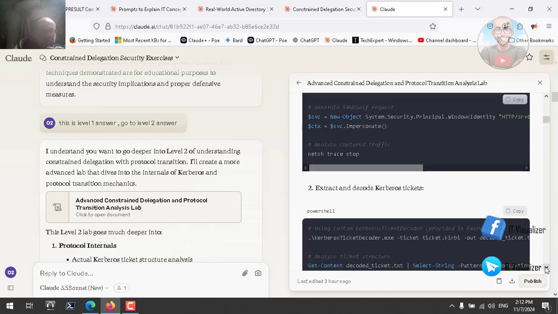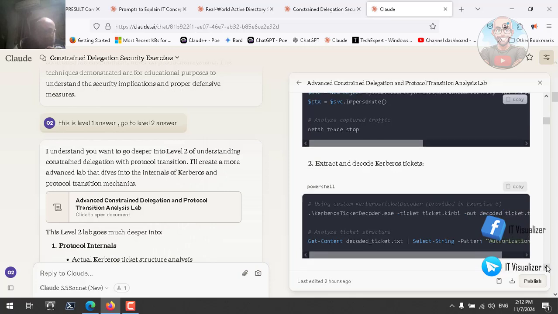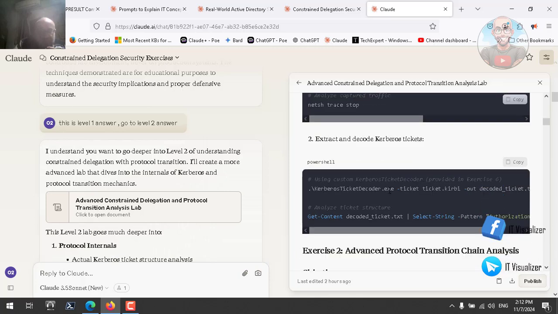After that, extract and decode Kerberos tickets. So here it is taking the data traffic and extracting and decoding Kerberos tickets from the captured data. So now we have the ticket, and he is going further to extract the service account password from the Kerberos ticket.